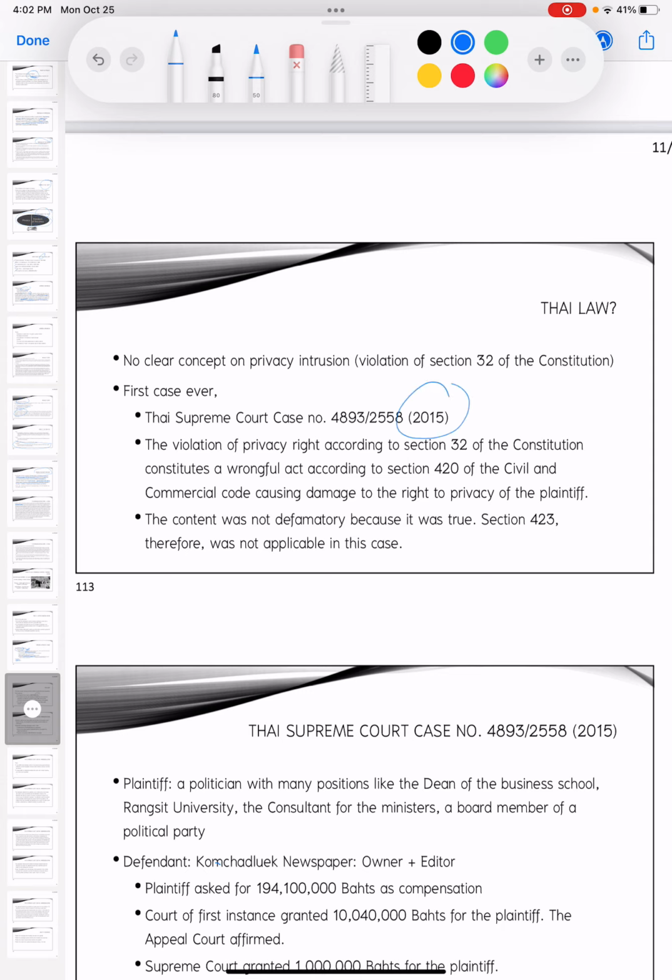But at that time, Section 32 in the current version of the Constitution was provided in Section 34 of the Constitution applicable at that time. Okay, you know, we have so many constitutions.